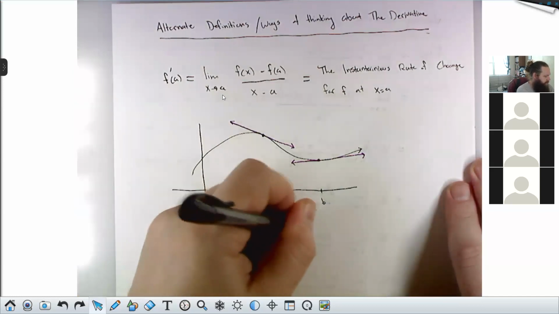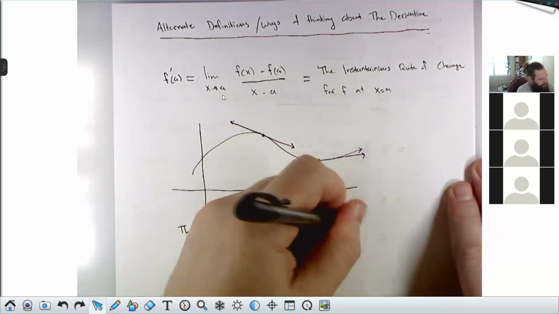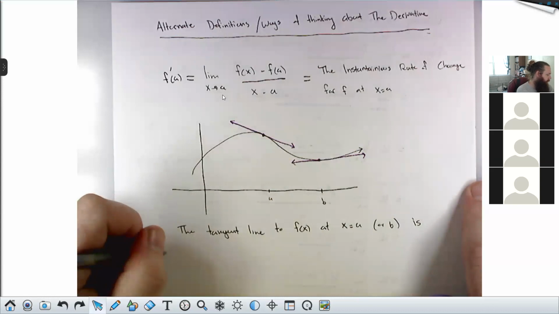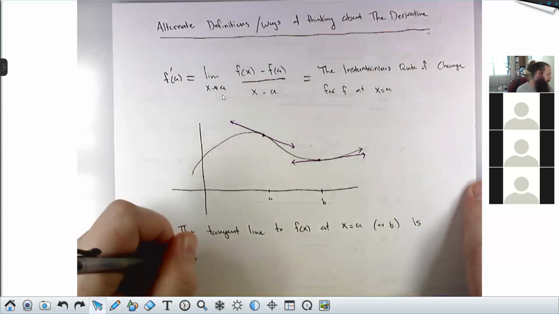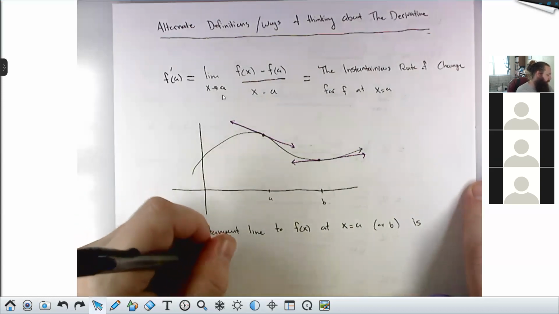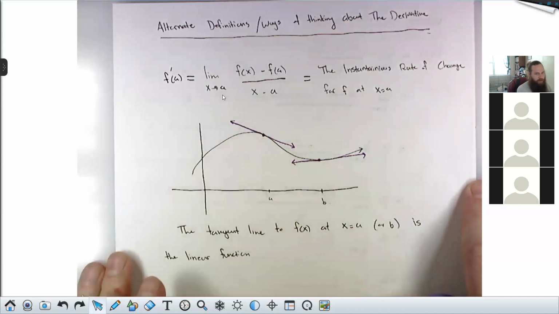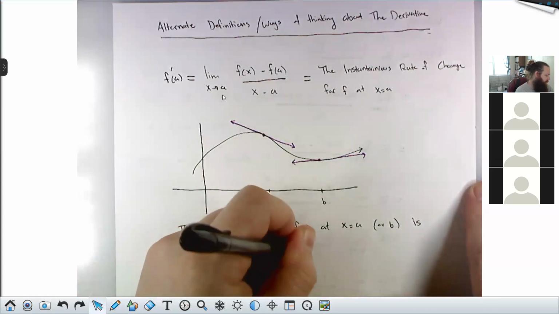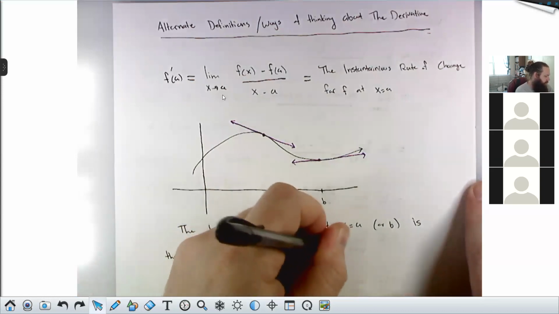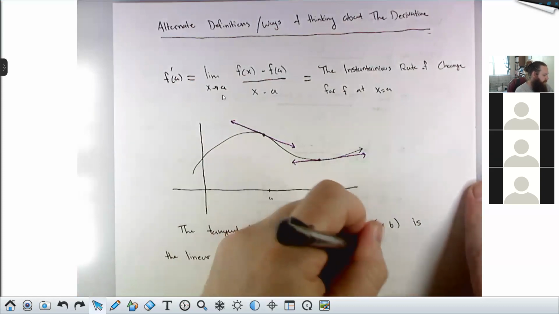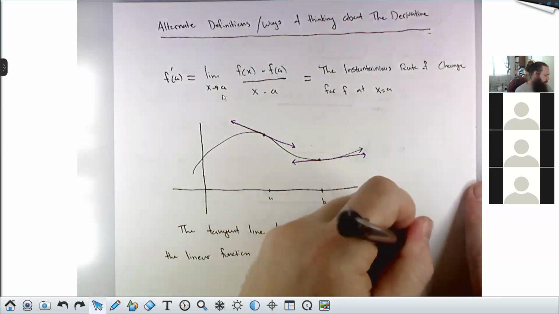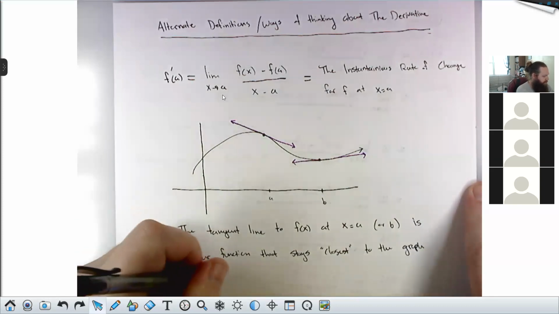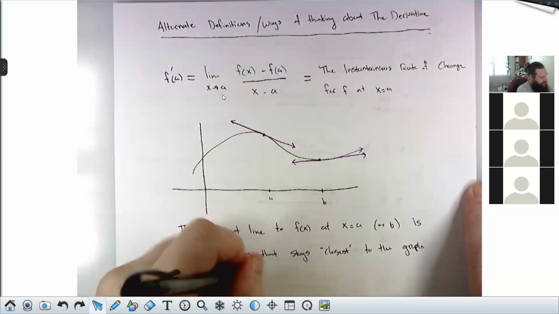To f of x at x equals a or b, wherever, is the linear function, the unique straight line that stays closest to the graph of f at x equals a and nearby.